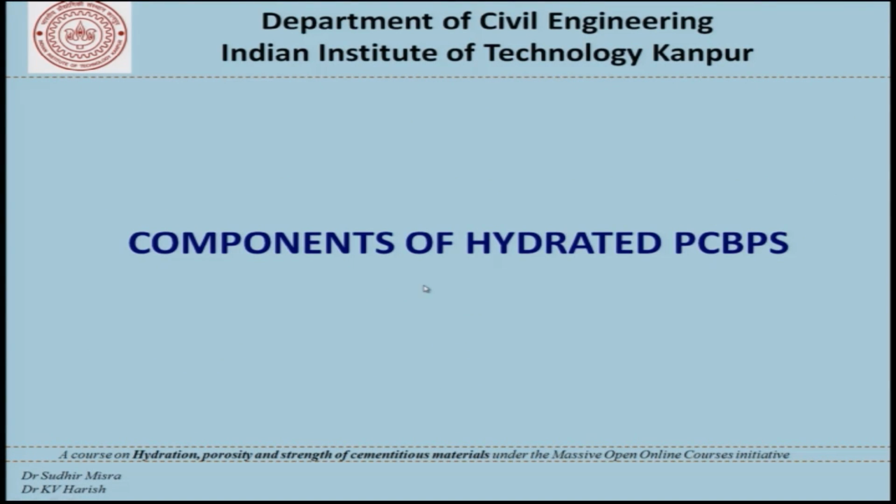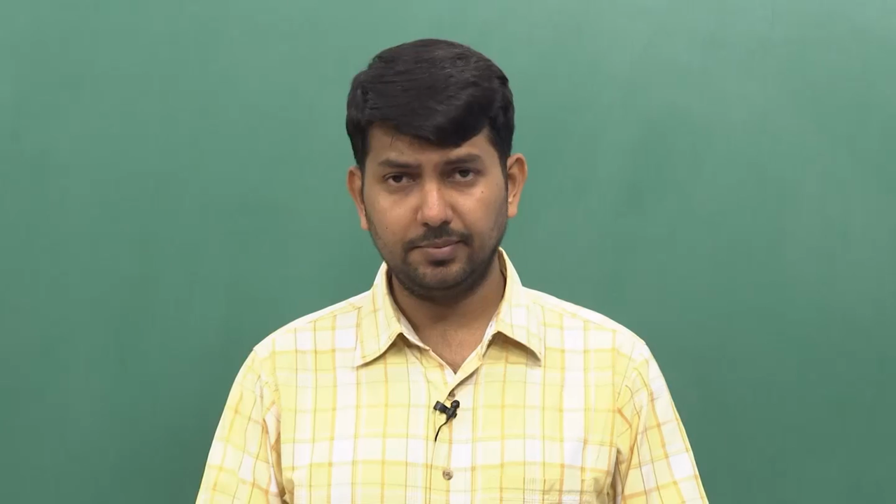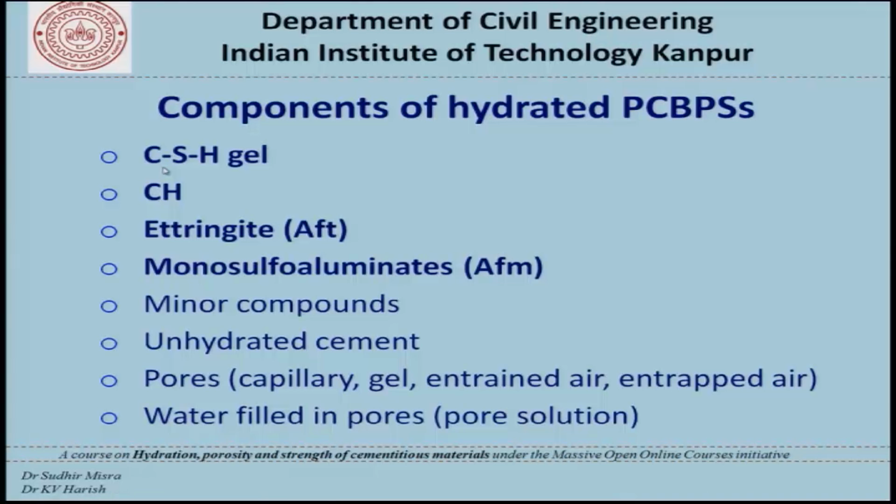Now, the first one is components of hydrated cement paste. Typically the hydrated system contains several components. First one is calcium silicate hydrate gel, many times referred to as tobermorite gel, and second, calcium hydroxide.